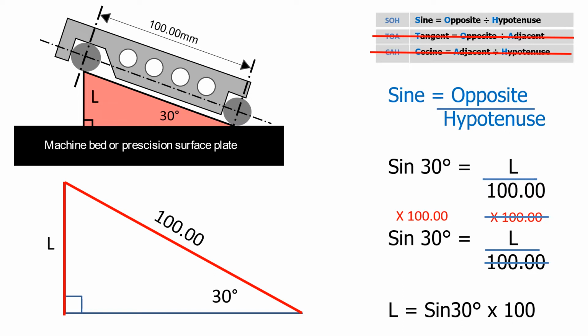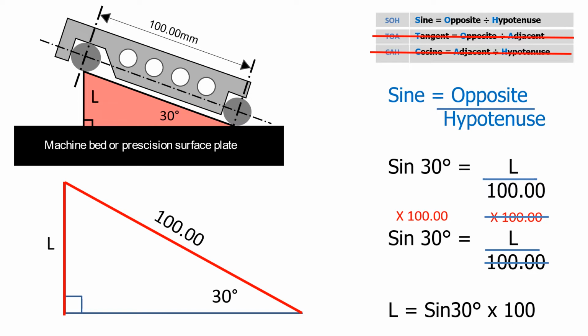To solve this equation, we need to get L on its own to make it the subject of the equation. If we multiply both sides of the equal sign by 100, the hundredths on the right hand side cancel each other out, leaving L by itself.